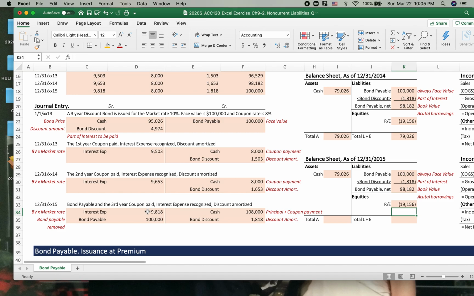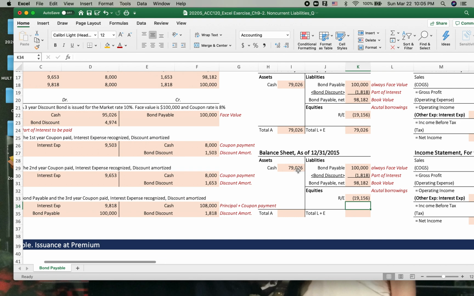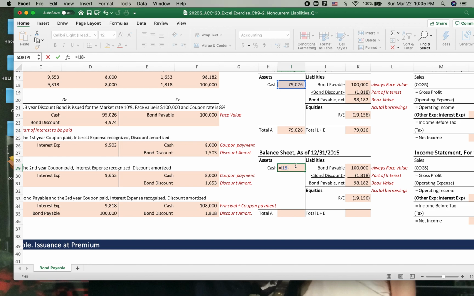Now let's record interest expense, cash 108,000. Let's do the cash transaction first. Cash out the 8,000, the coupon payment plus the $100,000 principal. So 108,000. The cash amount negative 28,974 throughout all the bond transactions.